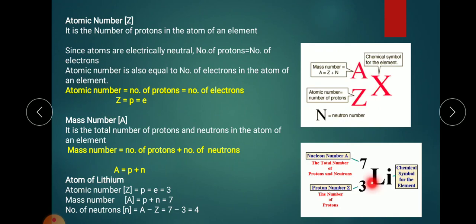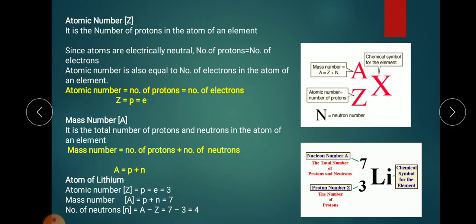Say for example, if you take lithium, we are trying to understand what these numbers are and how you can calculate the number of protons, electrons and neutrons. We have taken lithium, and the number below is 3. 3 is the atomic number and 7 is the mass number. If this symbolic representation is given, how will you find the number of protons, electrons and neutrons?